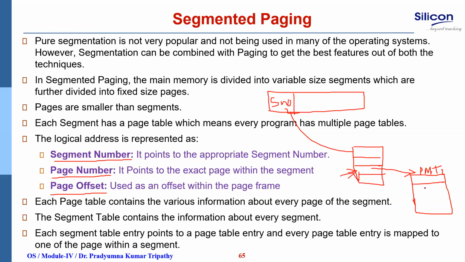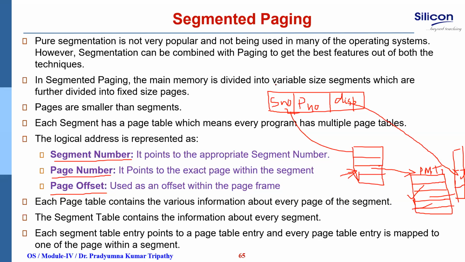In PMT2, I'll have another entry, the page number. From here I will get the corresponding page number, and from this I will get where it is stored in the physical memory. And to get a particular location, I'll use the offset or displacement. I hope it is understood.